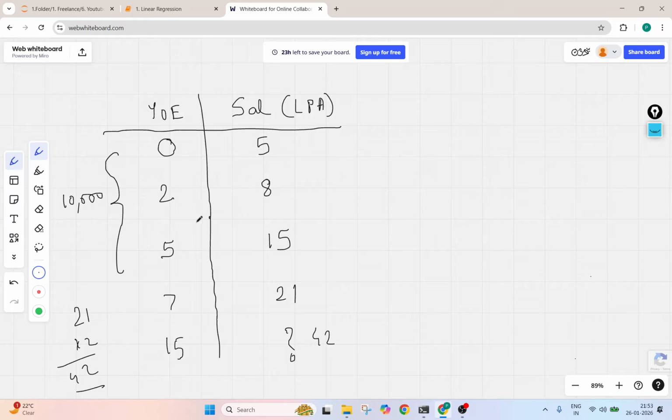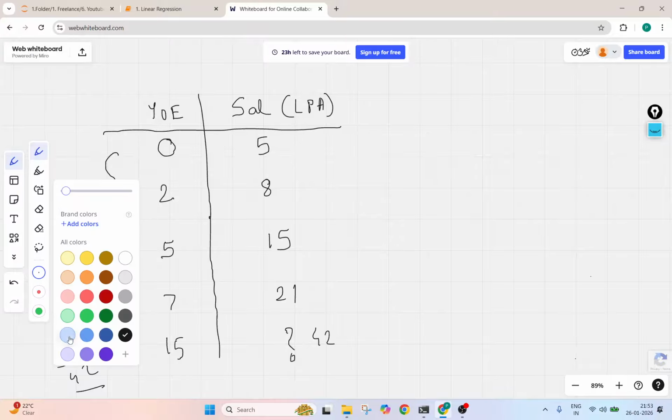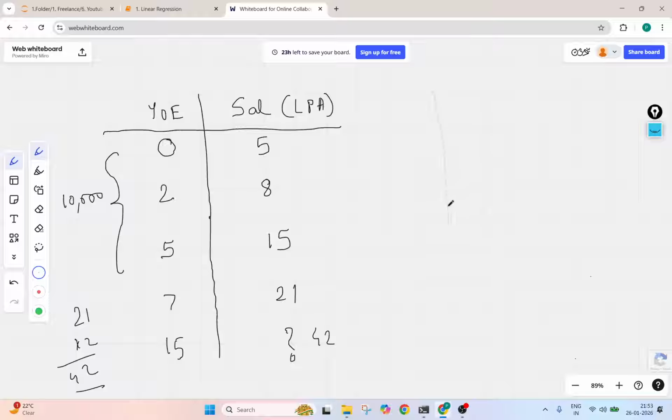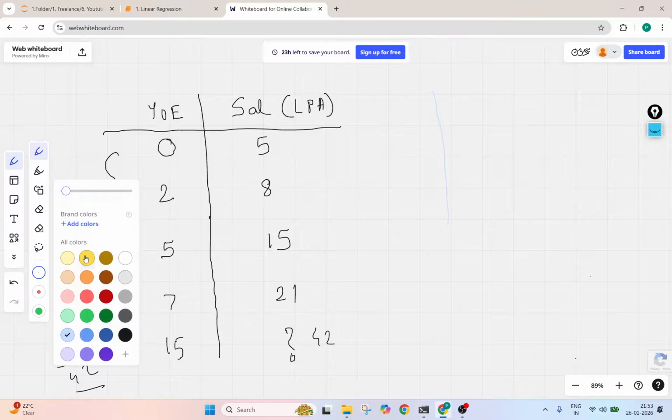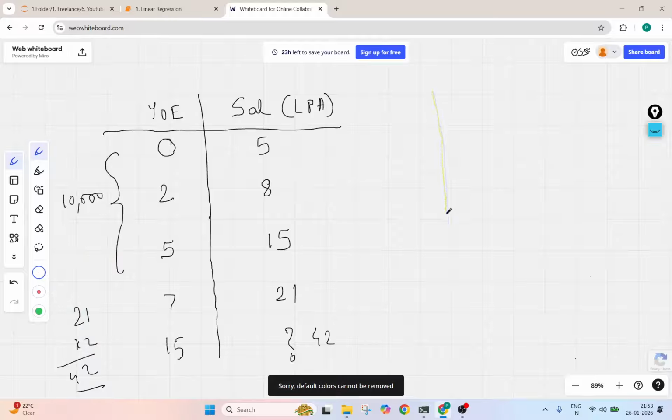So what can be other approaches? Another thing we can do is plot a scatter plot with the data. Let's say with this given data, I take a scatter plot with salary on the y-axis and years of experience on the x-axis.